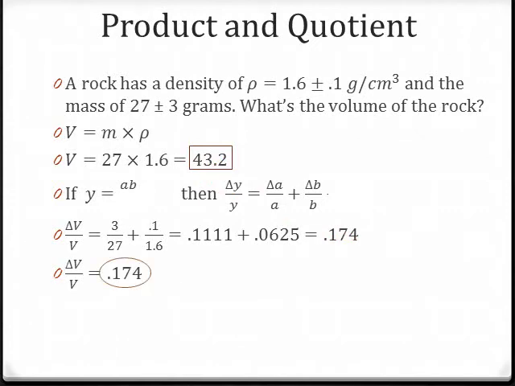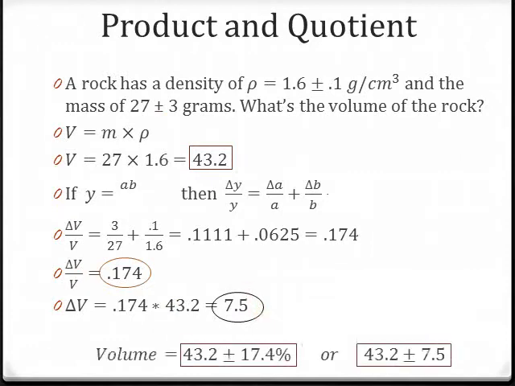So I say, hey, look, 17.4% is the percent uncertainty for volume. I could plug in the value for the volume, which we know up here, multiply on both sides, and actually find out the actual uncertainty in volume. So if I multiply the percentage by the amount of volume, I get 7.5.